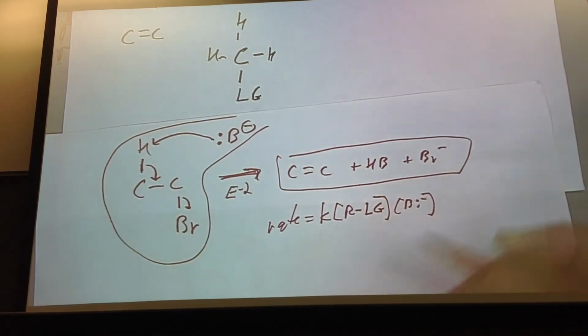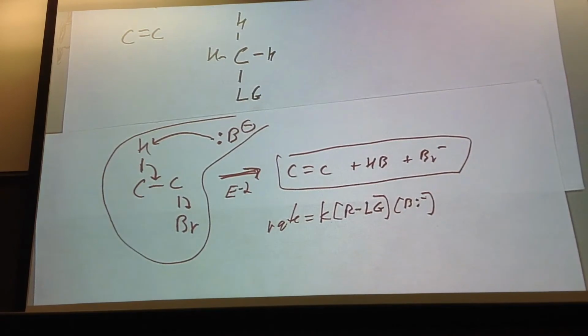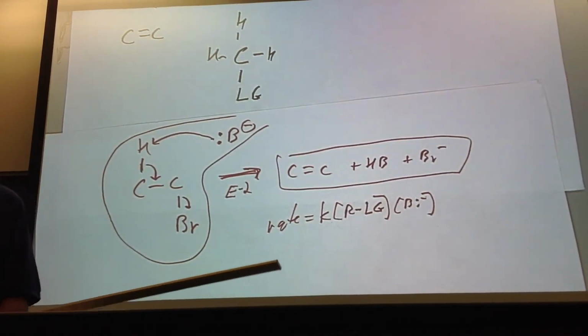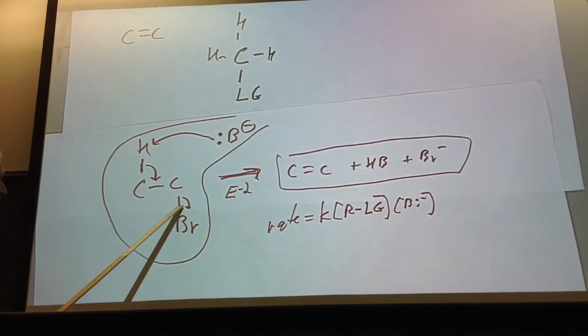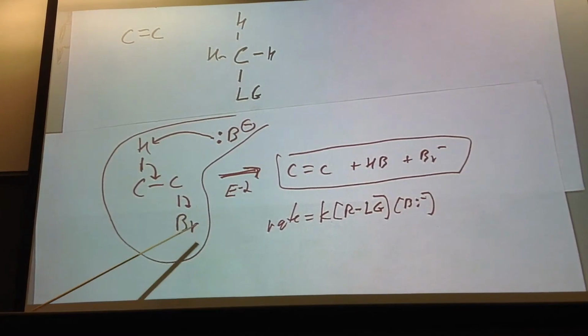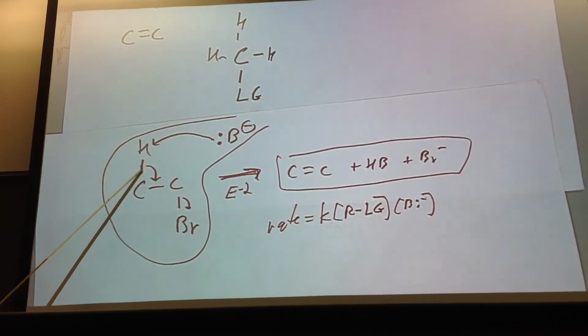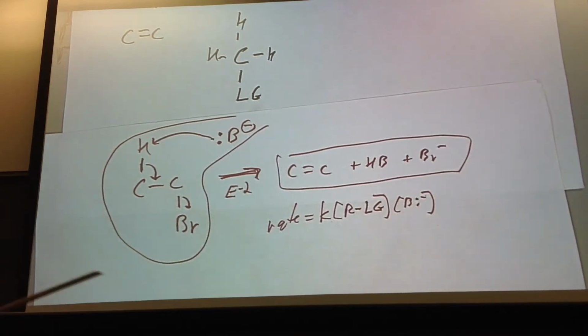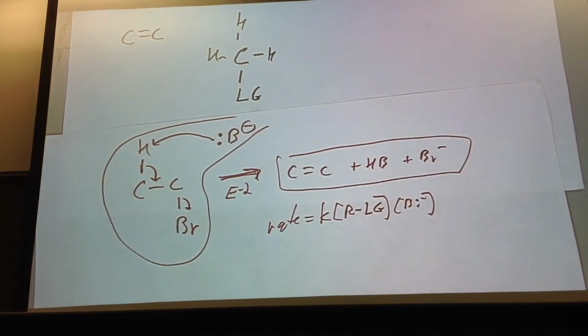And typically, not always, but typically, if the base is a strong base, it's not going to hang around and wait for this to leave. It's going to attack this hydrogen, and this will then force this to leave. And once this hydrogen gets pulled off, these purple electrons swing down here, and it pushes these electrons out of the way.